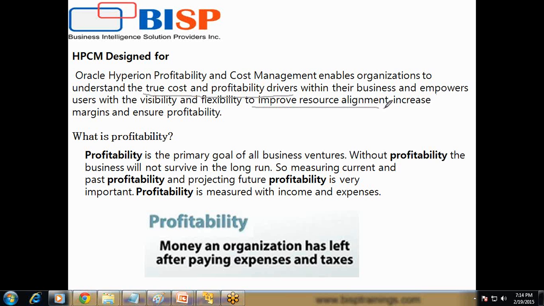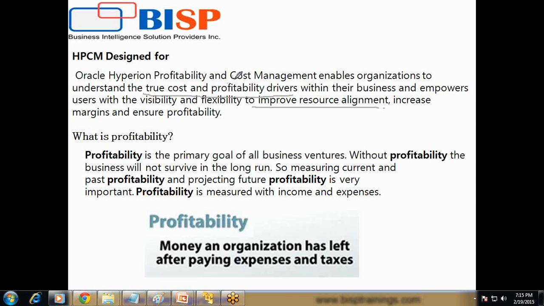So the better you allocate your resources, the more prudently you assign your resources, the more profitability you gain. So the ultimate purpose is to calculate cost, in turn calculate profitability through different drivers, and help organizations identify the appropriate resources and alignment of resources.